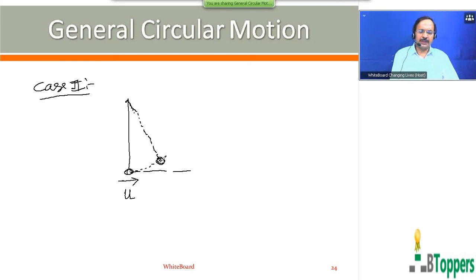Let h2 be the vertical height above the lowest position at which the velocity of the bob becomes 0. That means I am discussing the oscillatory motion of the bob of a simple pendulum, which oscillates to and fro in the vertical plane with an angular amplitude theta naught.